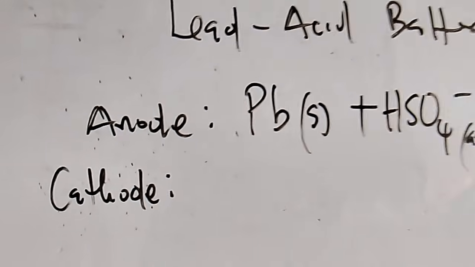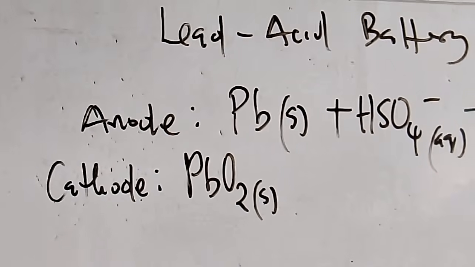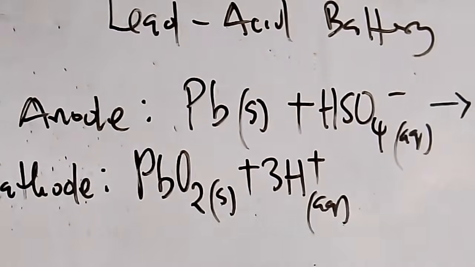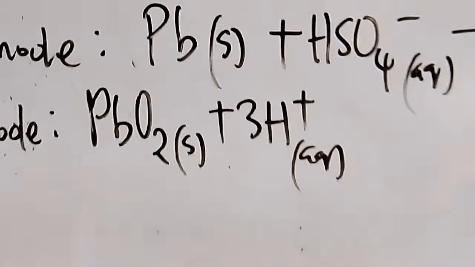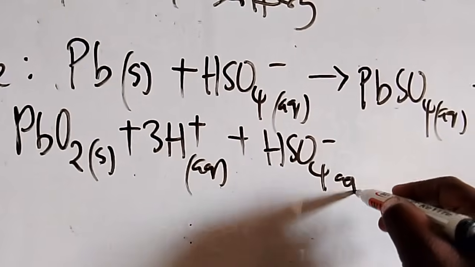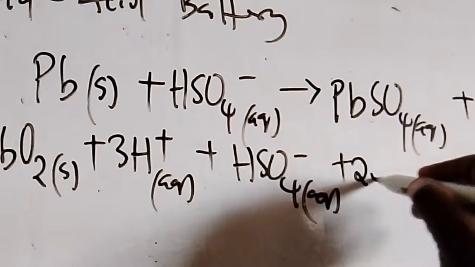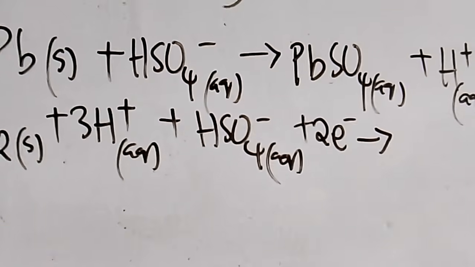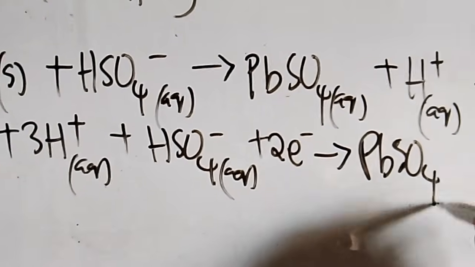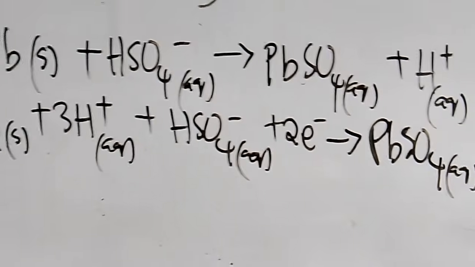Then at the cathode, we have this reaction taking place. The lead oxide plus hydrogen ions, plus the aqueous ion, plus the two electrons, will give us lead sulfate plus water.